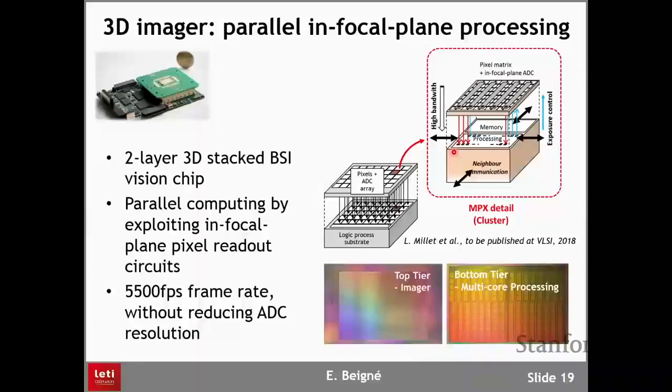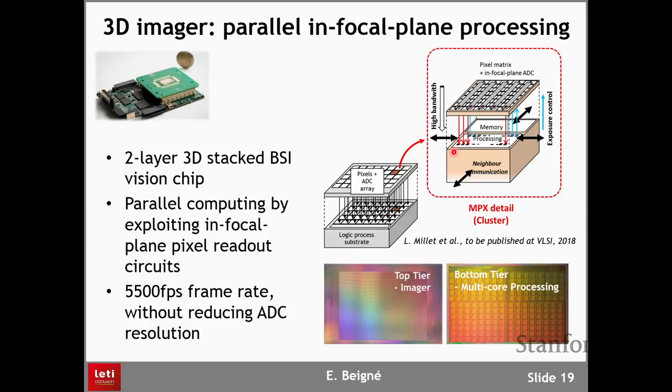So this is what we did in this circuit that will be presented and demonstrated this year at the VLSI Symposium, in June, if you want to come to Hawaii. You see, it's a two-layer 3D stacked BSI, backside illuminated, vision chip. What does it mean, vision chip? It means that you have the sensor and you have the computation.